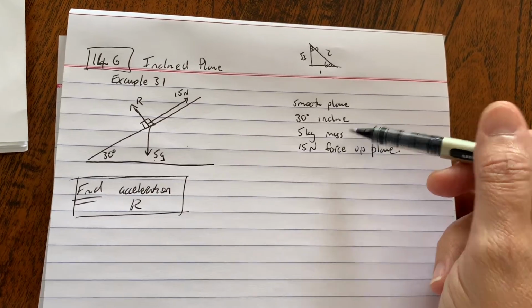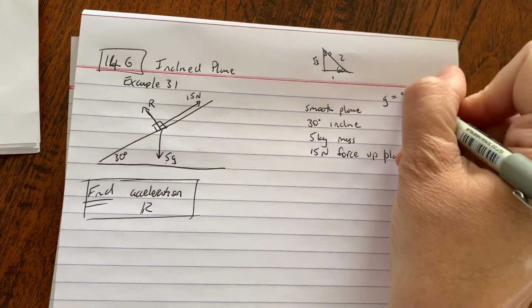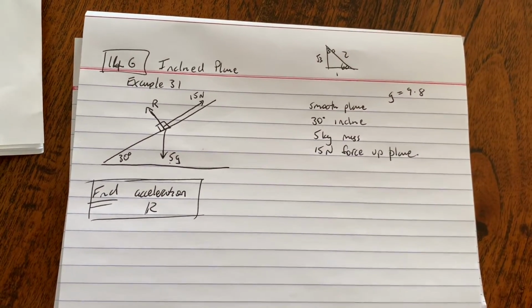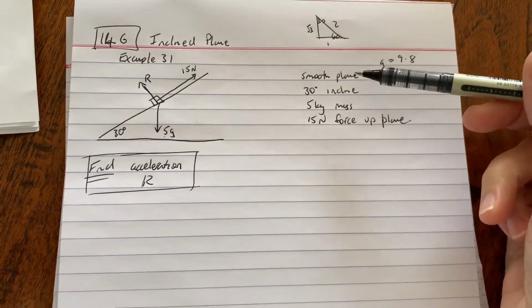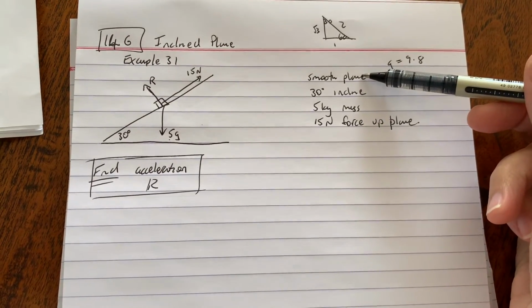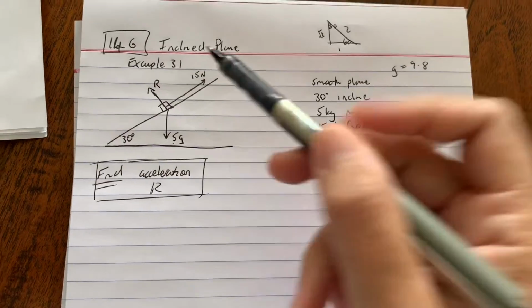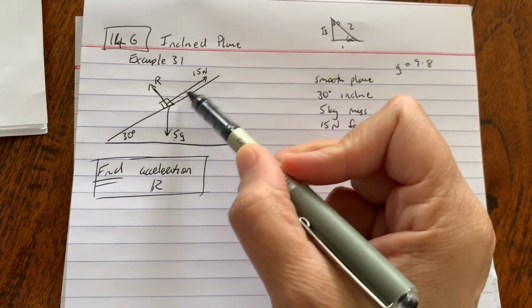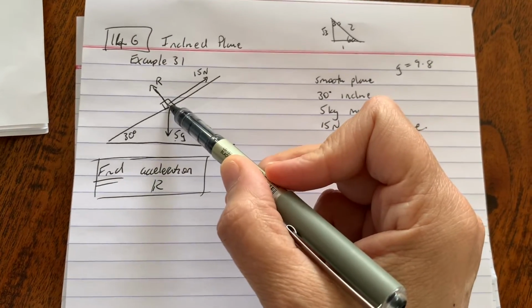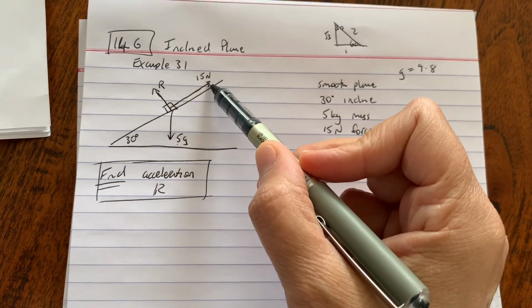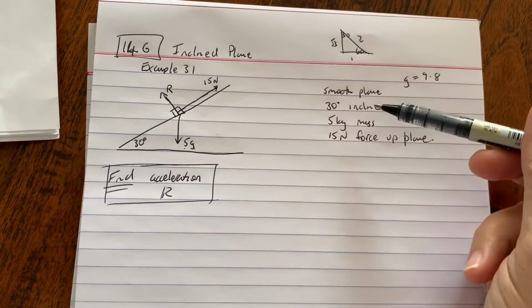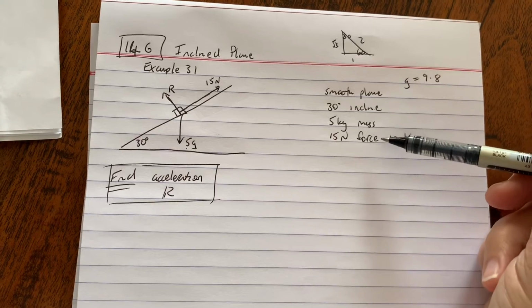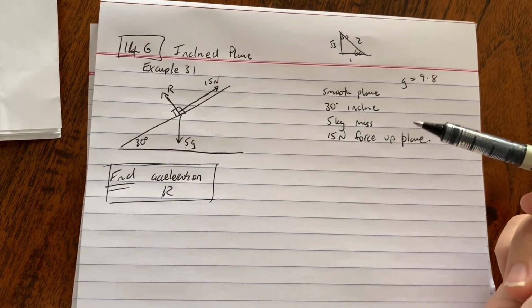So 5 times gravity, remembering g is 9.8. Just pertinent notes, so it's a smooth plane, so there's no friction. So that's why in the I direction, or on the plane, we only have the 15 newtons acting up the plane, no friction against it. 30 inclined, 5 mass, and the force up the plane.